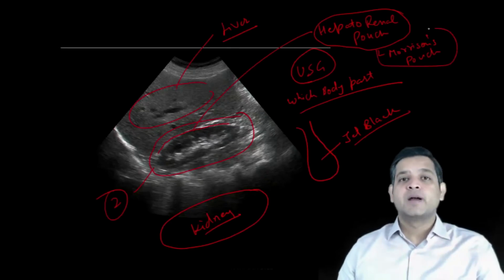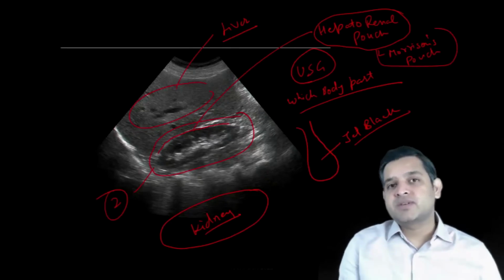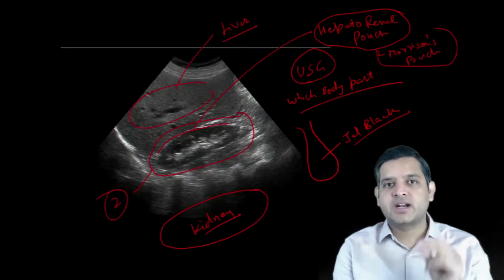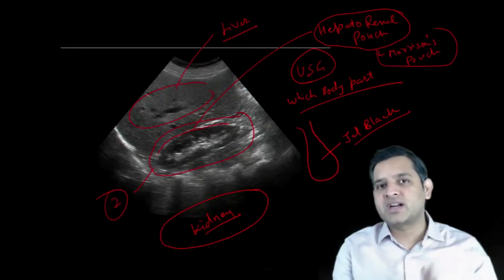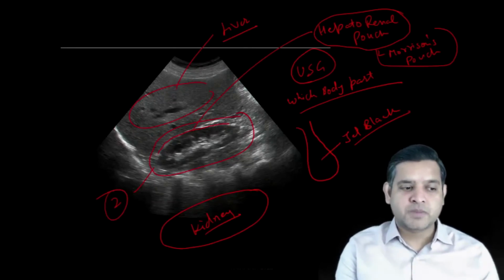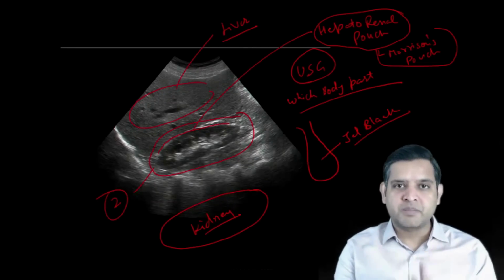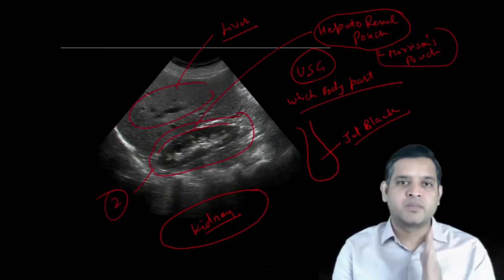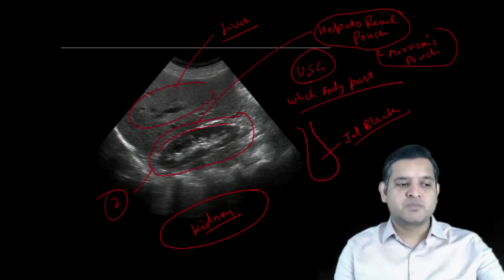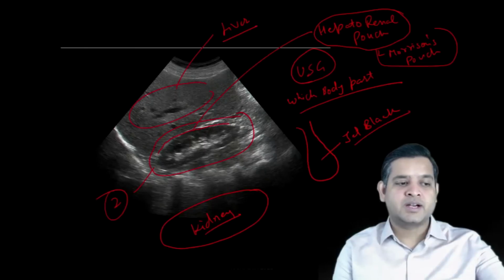Morrison's pouch. Now I'm giving you a statement. You have to tell me whether this statement is true or false. A quick answer, in a fraction of a second. The moment I stop, within 2 seconds, I am expecting an answer from you. Morrison's pouch is the most dependent part of the peritoneum in erect position.